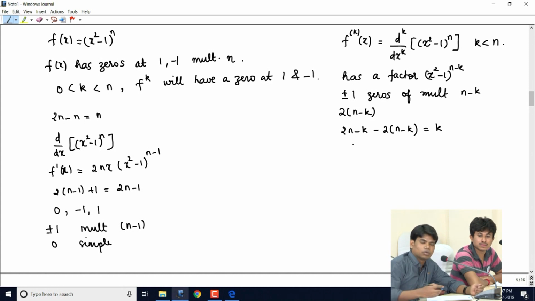So now looking at the function f and its kth derivative, it suggests that the kth derivative of f has k zeros in the open interval −1 to 1. Yes, you are on the right track. Please continue and search for other roots of the function. Yes, sir. Maybe we can use induction to show that the kth derivative of f has k distinct zeros in the open interval −1 to 1.